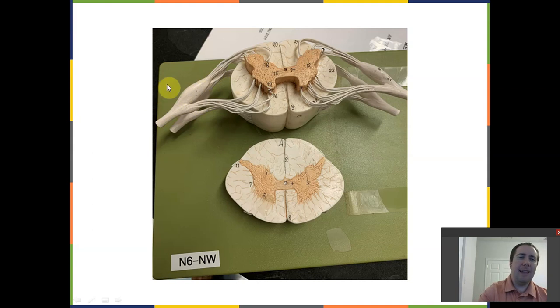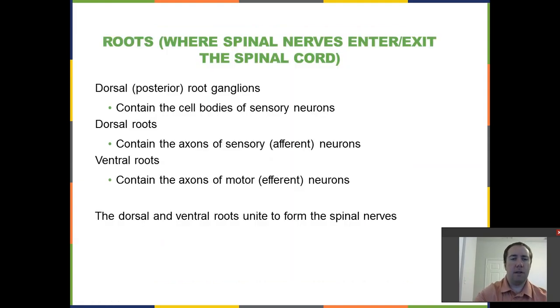And so in this ganglion, we are going to have a whole bunch of cell bodies, and then what you see coming from that, attaching to the spinal cord, are axons. That is a single axon from a single neuron that goes all the way from here over to there. That is the dorsal root ganglion.